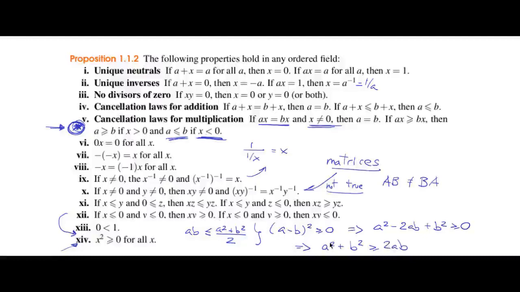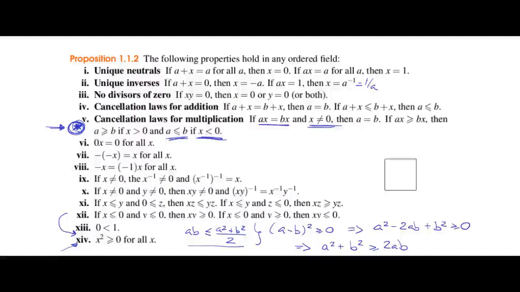Then we divide by 2, or we multiply by 1 over 2, and because 2 is a positive number, the direction of the inequality doesn't change, and we get here. So you see how we can prove things like that.